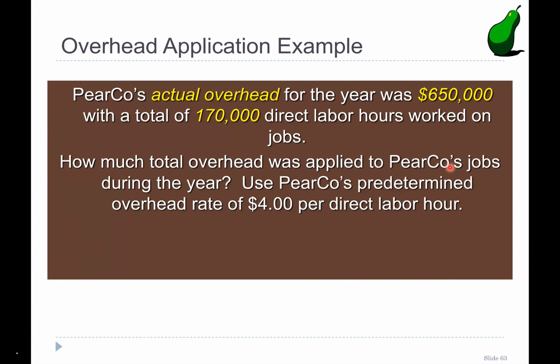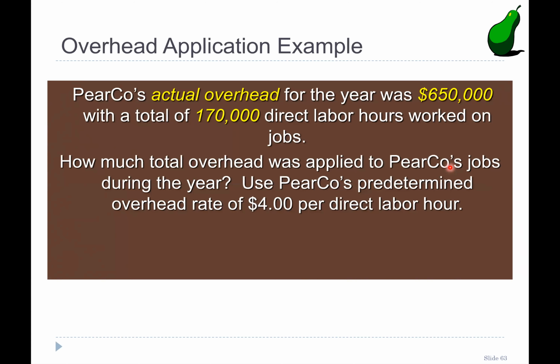So let's talk about this. We have a PeerCo example here, that PeerCo's actual overhead for the year was 650,000 with a total of 170,000 direct labor hours worked on jobs. So we are given the actual amount of overhead and the actual amount of direct labor hours.